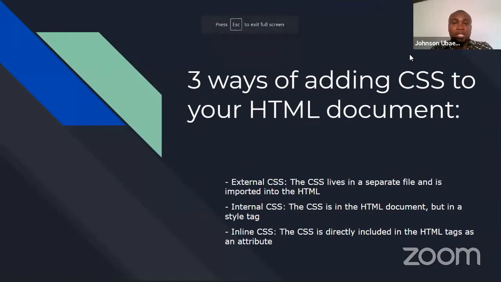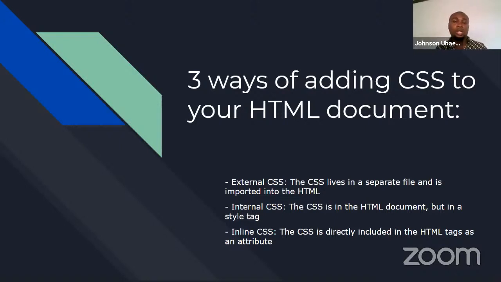There are three ways of adding CSS to your HTML document. You can add it using external CSS. It means the CSS is in a separate file, separate from your HTML. You have a separate .css file for it. And then it could be internal. Internal means the CSS will be in the HTML document, but it will be inside a special tag known as the style tag, right?